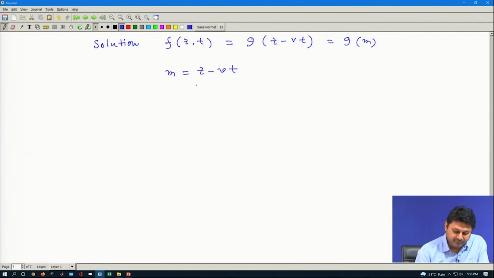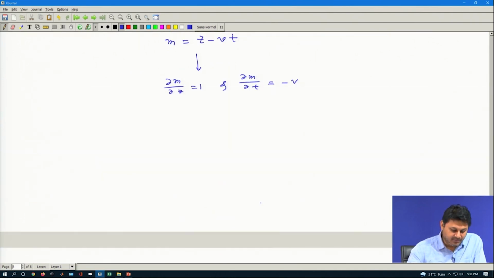So, I can have a relation that dm/dz equals 1 and del m/del t equals minus V. Those two pieces of information we are going to exploit later.